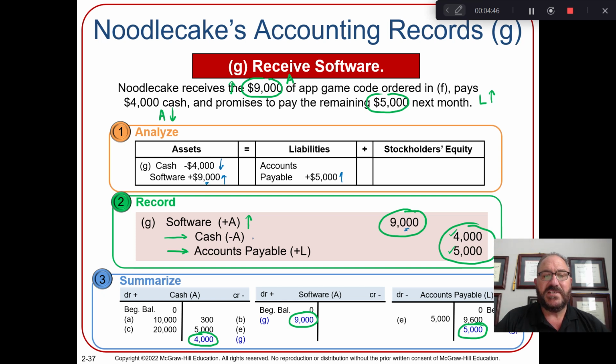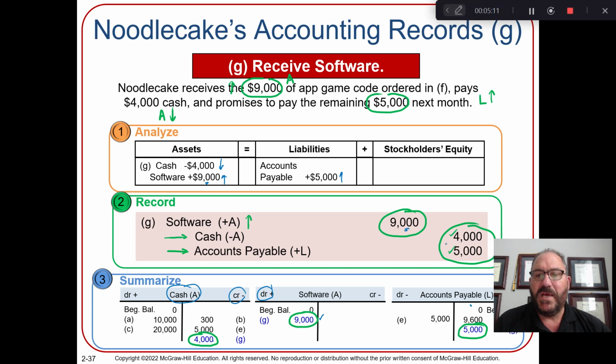Cash is the asset that went down, by $4,000, and there's your accounts payable, the liability. Accounts payable, a liability, increases on the credit side. Software, an asset, increases over here on the debit side. And cash, an asset, we lower on the credit side by $4,000.